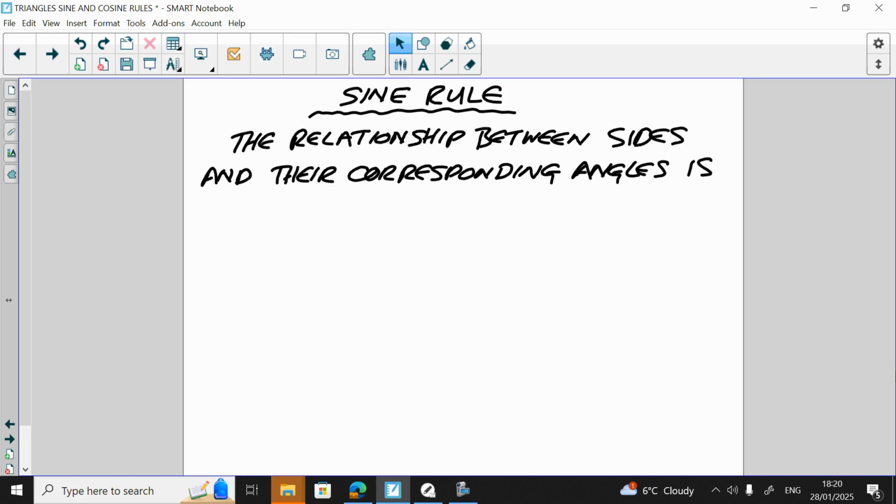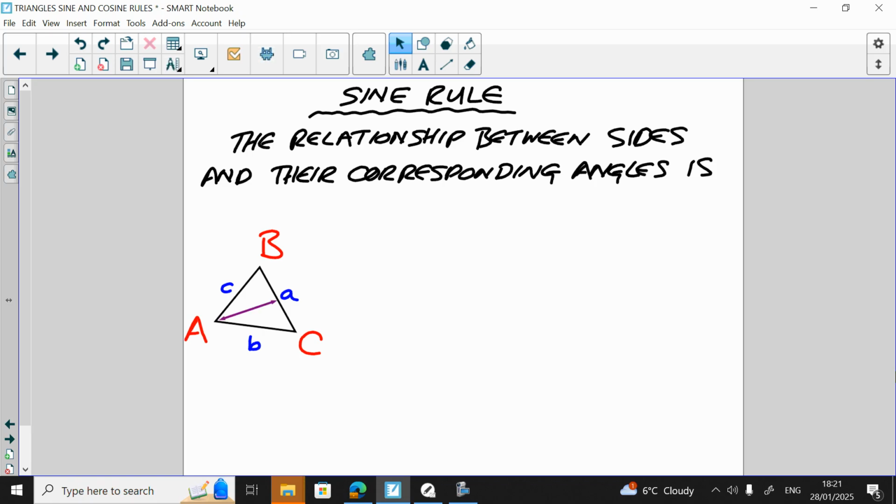So there's some kind of connection between sides and what I will call, and many other people will call, their corresponding angles. Apologies about the small triangle here, but I'm just going to use a convention of using the larger uppercase letters to indicate the vertices or angles within, and lowercase to represent the corresponding sides.